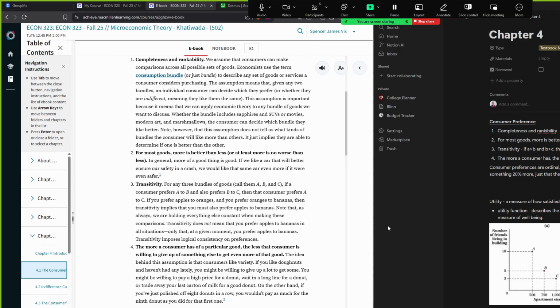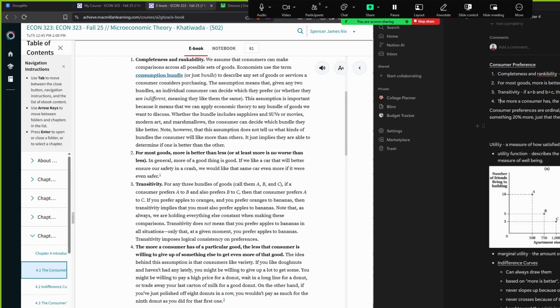It doesn't apply always, but it can be applied in that moment. Like if I like Walmart better than Target and I like Target better than HEB, then it makes sense that I like Walmart better than HEB.